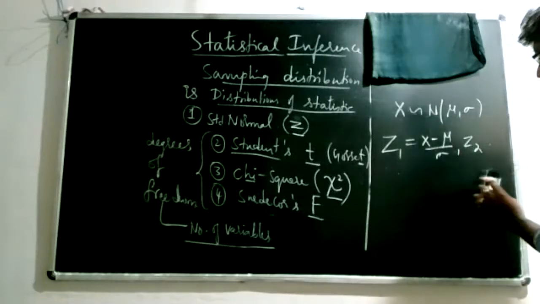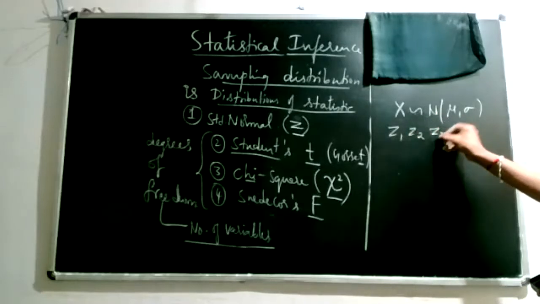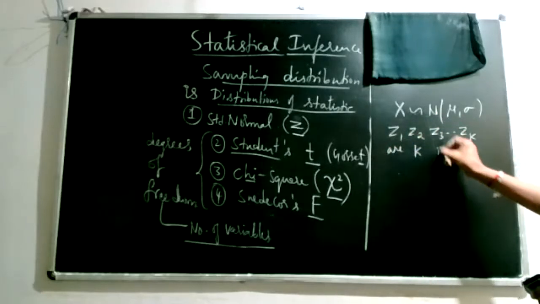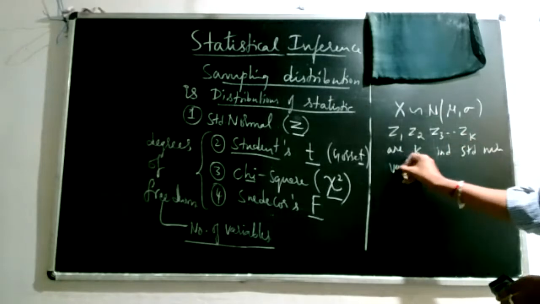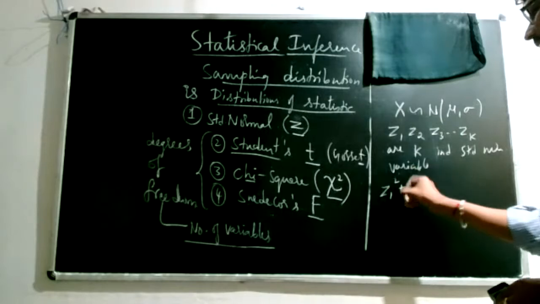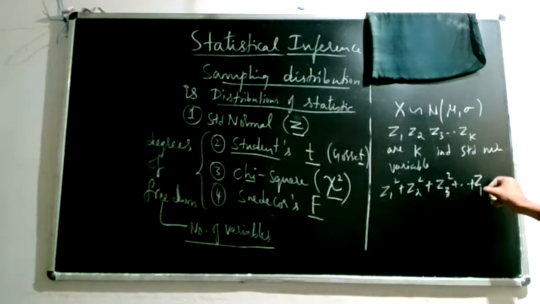Similarly, if you're using n such variables, say Z1, Z2, Z3, etc., Zk, which are k independent standard normal variables, only then can I produce a chi-square. In that case, my chi-square is defined as the sum of the squares of these independent variables.